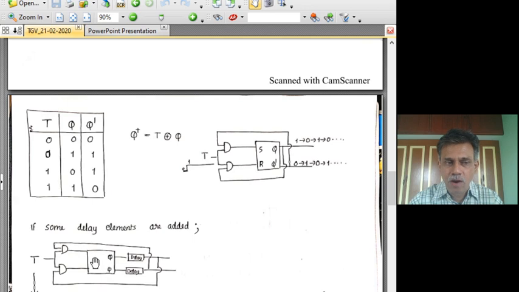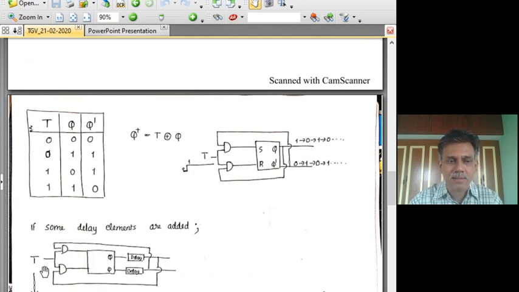We let this flip-flop remain in a given state for a duration which is longer than this delay. So this Q, having stabilized, would have propagated through this delay and been fed back, and it will be waiting at this input of these AND gates, waiting to be enabled by this T input. Similarly, Q bar would have propagated and be waiting here for the T to enable it.